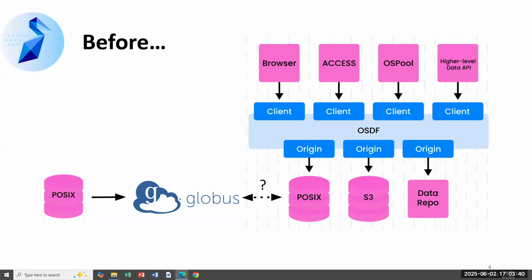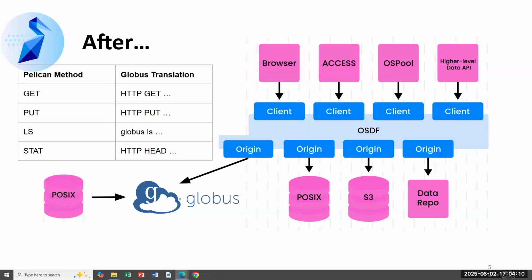The question is, how do you run your compute on the data stores if it's isolated? One thing you could do is transfer the data via Globus to another endpoint if it's served by an origin in Pelican, or if the data store happens to also have an origin facing it, then you could do it that way. But there's a manual step in the process.